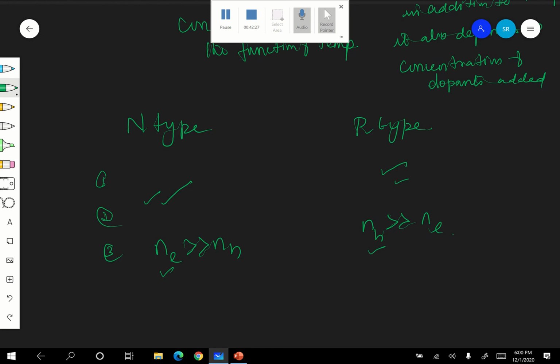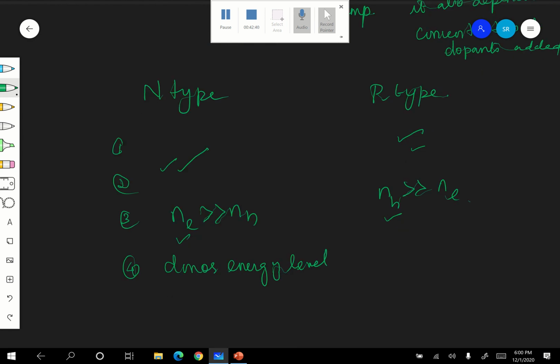Then next one, about the donor energy level. The donor energy level is created just below the conduction band. Here, the acceptor energy level is created just above the valence band. Next one, Fermi level.